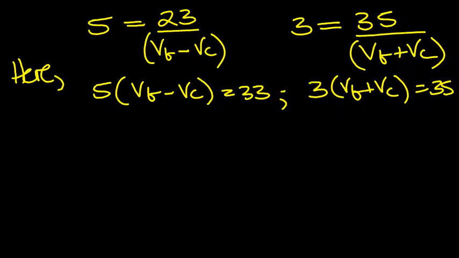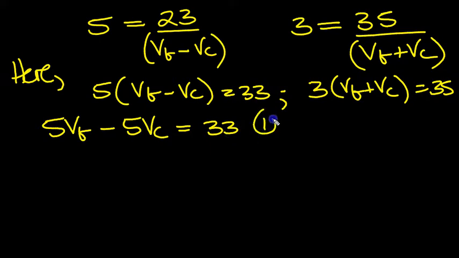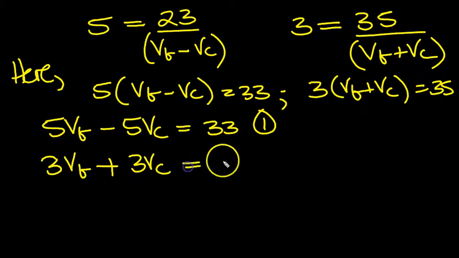Okay, let's worry about these equations now. This is 5 VB minus 5 VC equals 23 from there. That's equation 1, just expanded the bracket. Here we've got 3 VB plus 3 VC equals 35.